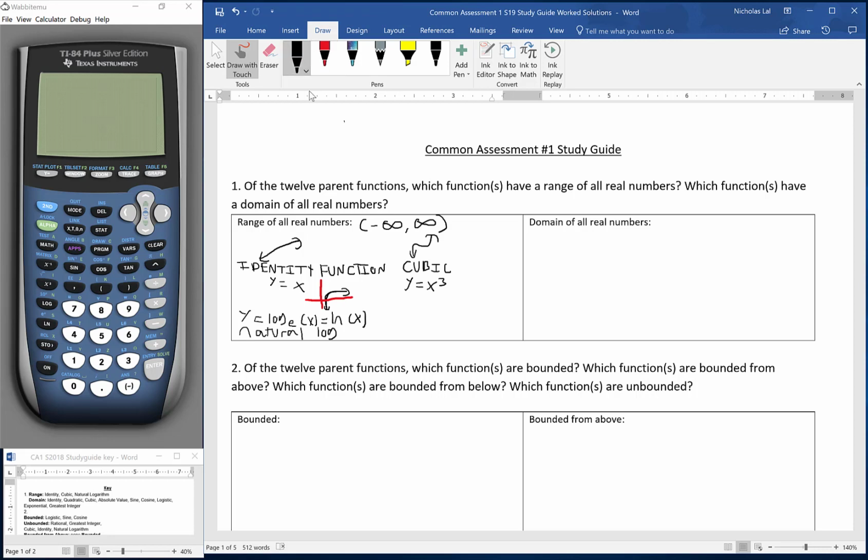Now let's move on to functions with a domain of all real numbers. So that is going to be, once again, the identity function. In addition to the identity function, the quadratic function is included.